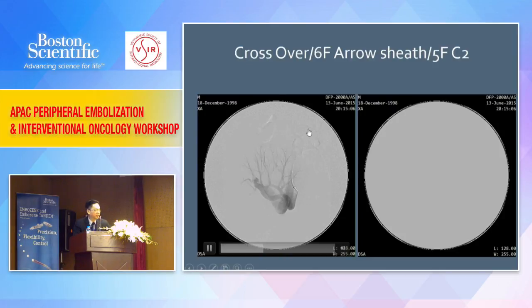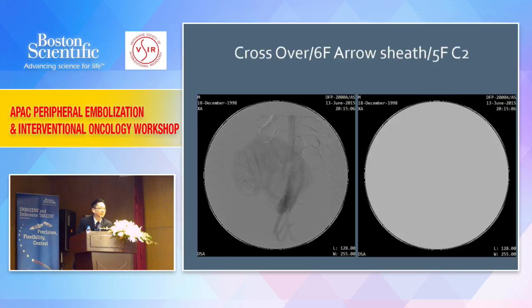Any other suggestion? Terence? This is the last case, no worry. Could you put up a balloon and slow the flow down and have a better look? Where will you put a balloon? Up in the renal artery.